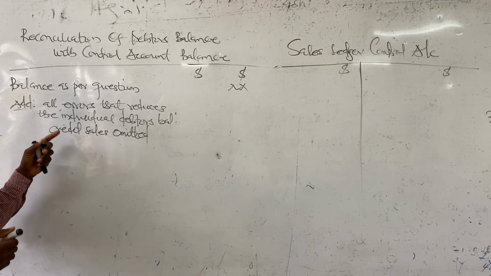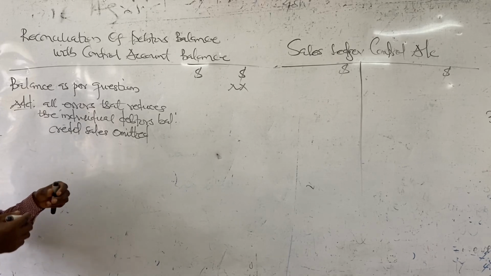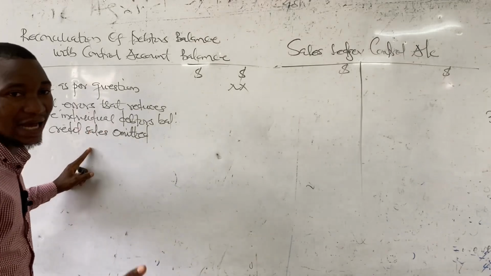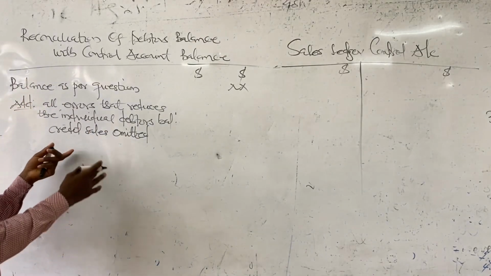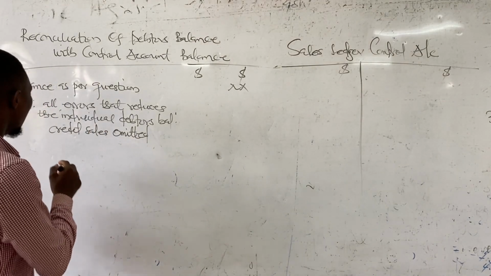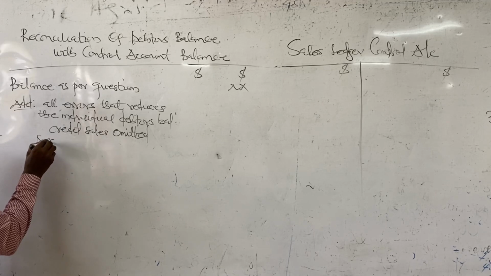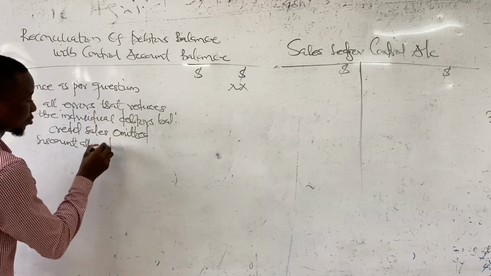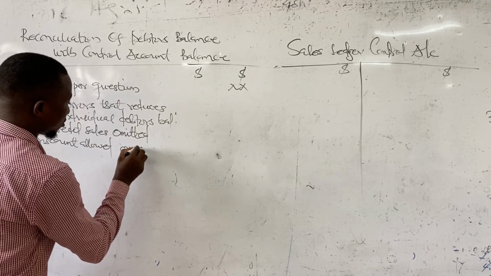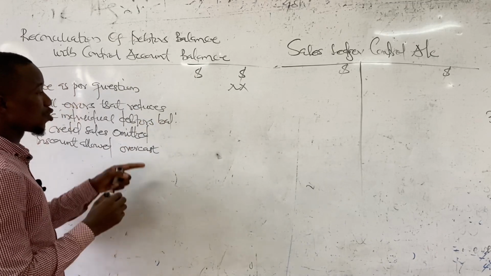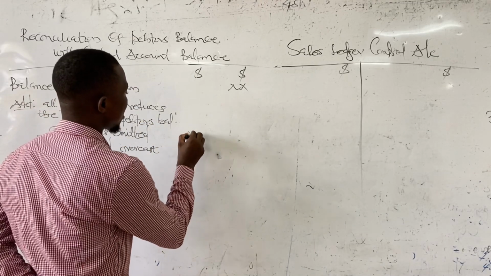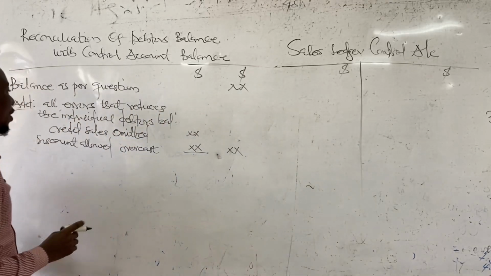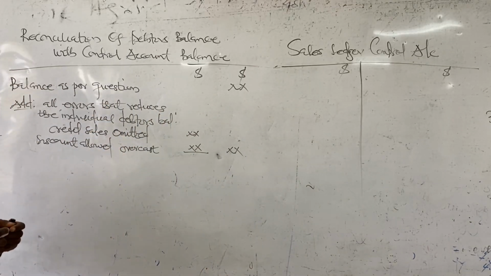If a cash refund to debtors is not recorded or omitted, it will reduce the debtors balance. If discount allowed is overcast, it will also reduce the debtors balance. So let's say these are the two items, but there are several errors that tend to reduce the individual debtors balance.